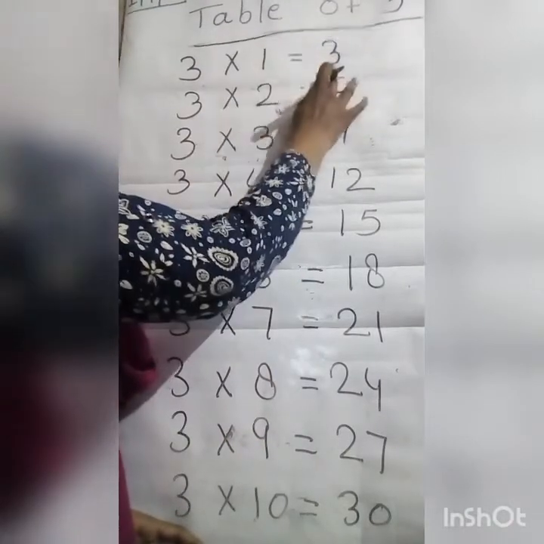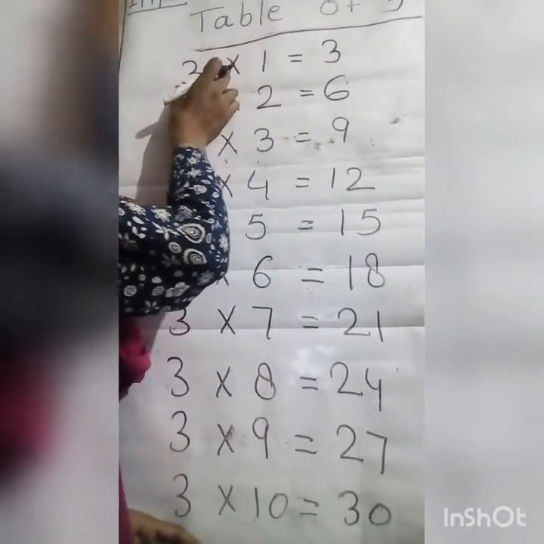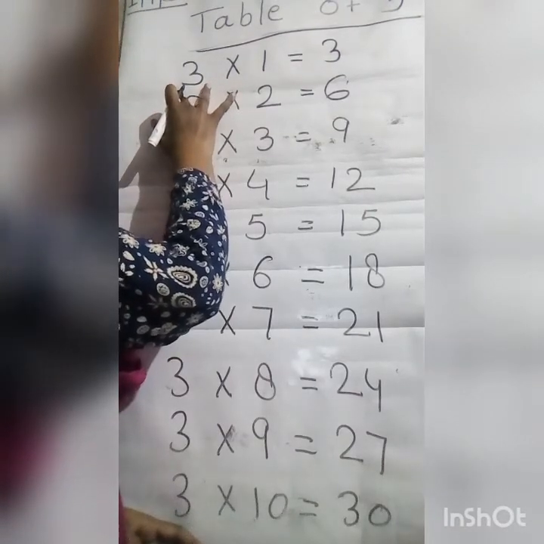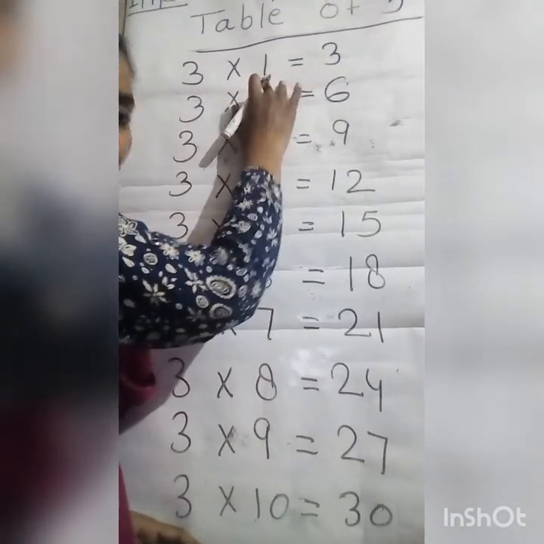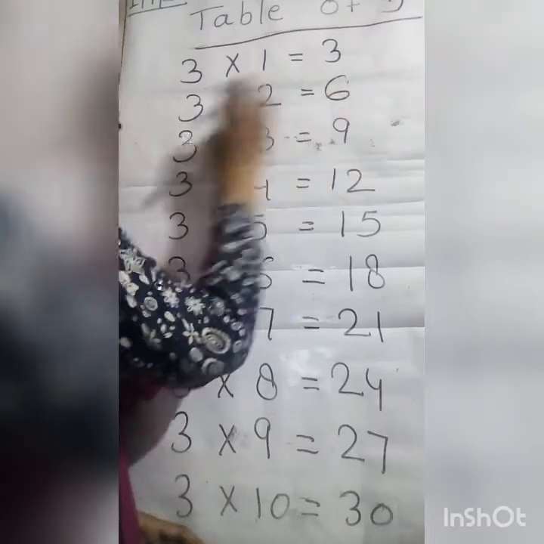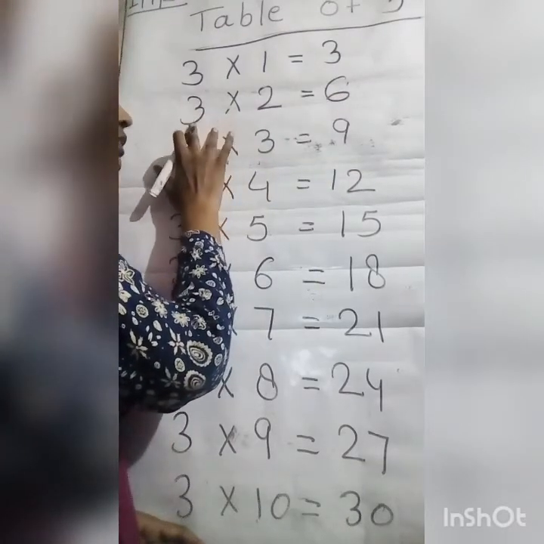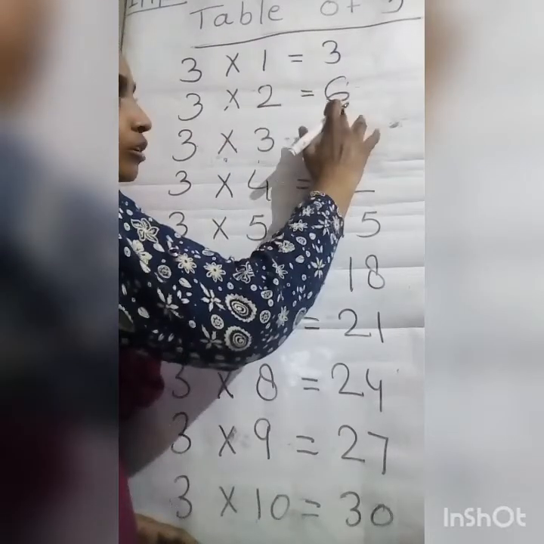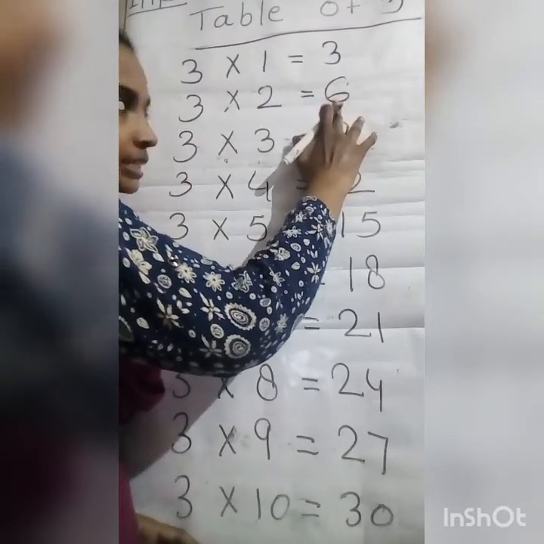3 ones are 3 means 3 is added how many times? Only one time. So 3 ones are 3. In this, 3 twos are 6, which means 3 is added 2 times. So what does it make? 6.